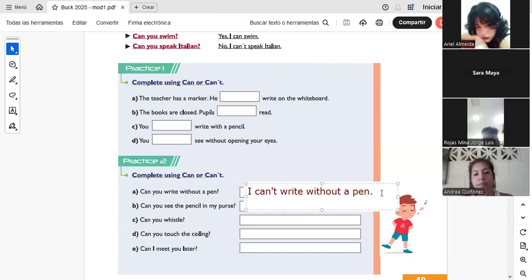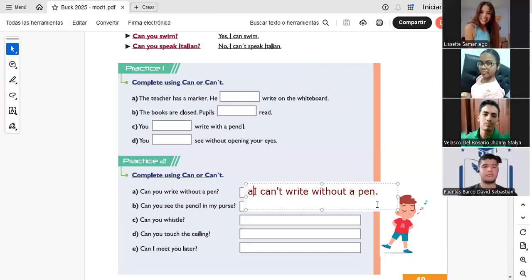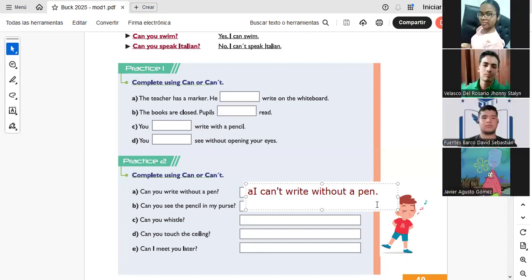I'm gonna continue with Lisette Samaniego. Letter B, sweetheart. Yes, miss. Okay, continue with letter B. Can you see?